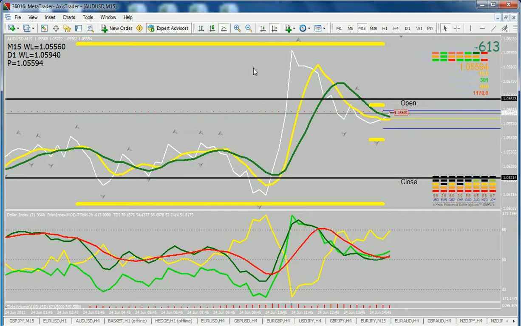So if it's long in the swap interest, trade long. You can see on the chart the opening: the price is below the opening, so the trend is still down. If the price is below the opening, the daily trend is down.